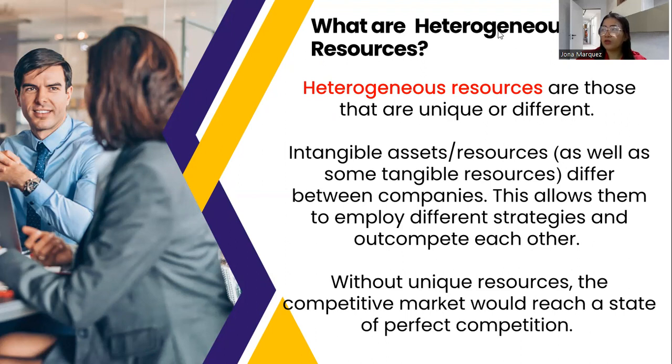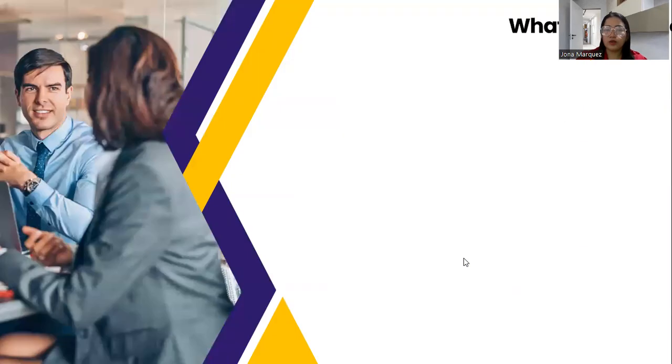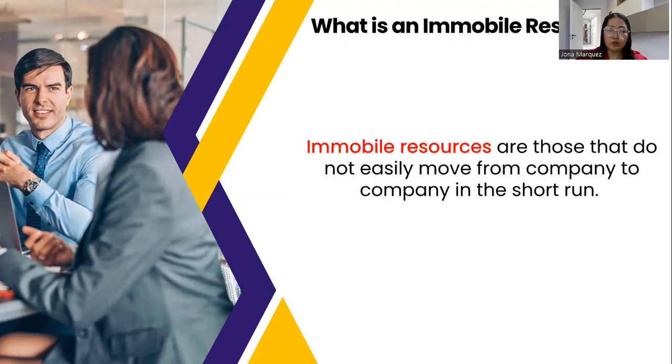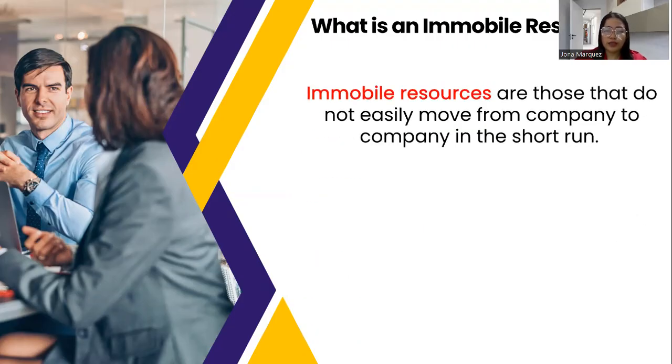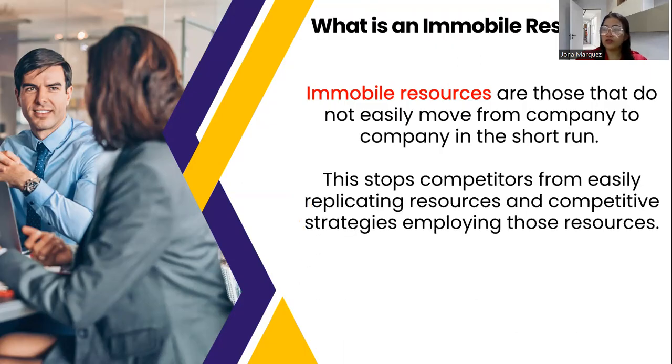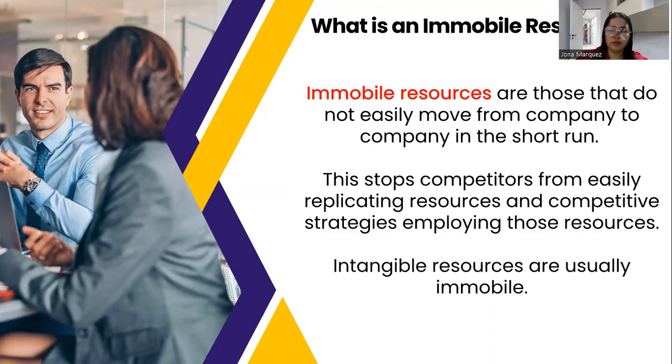So it is very important to have heterogeneous resources in organizations. Now, when we say immobile resources, these are those that are not easily moved from the company in the short run. This stops competitors from easily replicating resources and competitive strategies employing those resources. Intangible resources are usually immobile.